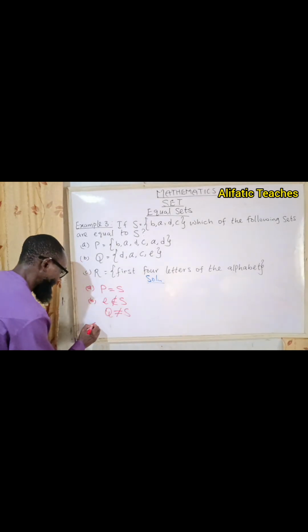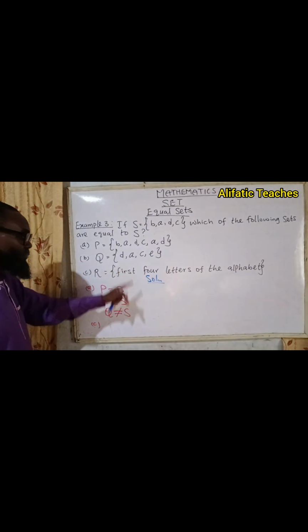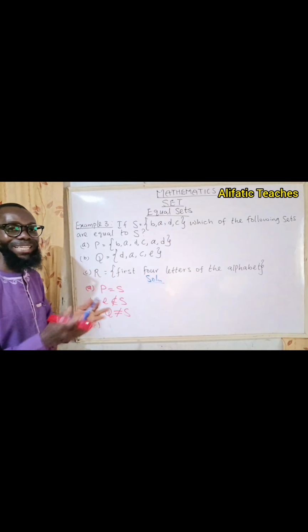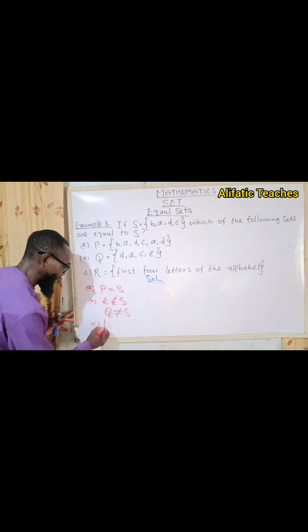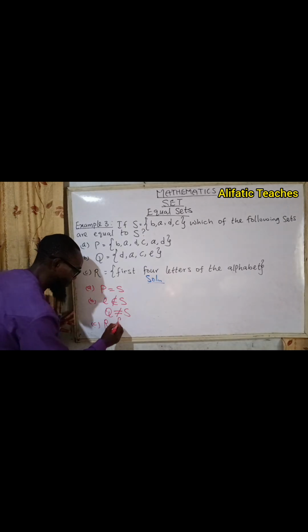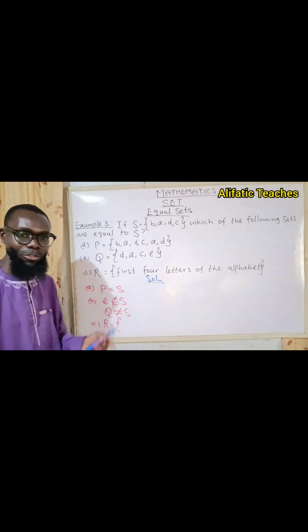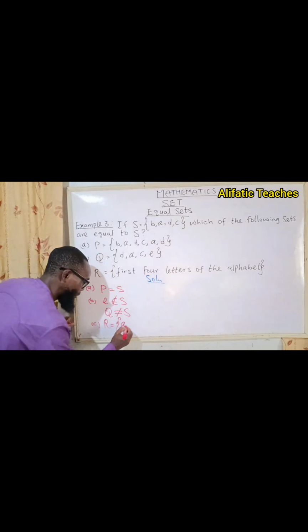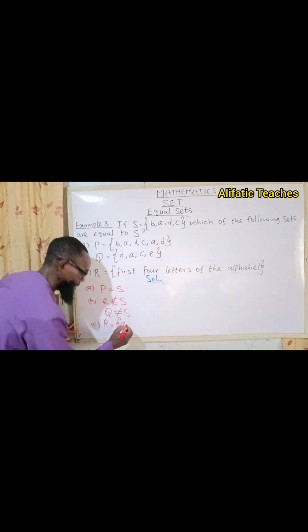The last one, first 4 letters of the alphabet. We must first of all write the letters out. When we say the first 4 letters of the alphabet, we talk about a, b, c, d. Don't forget we use small letters to write elements of sets.